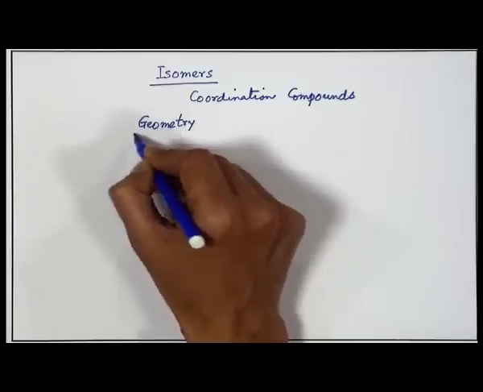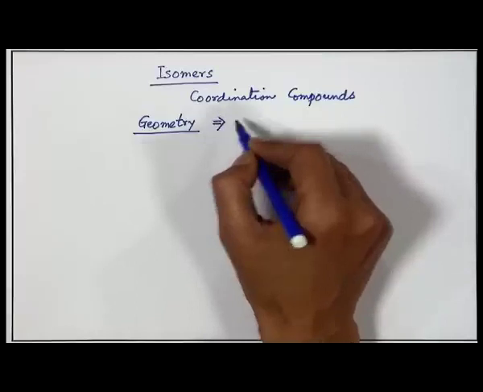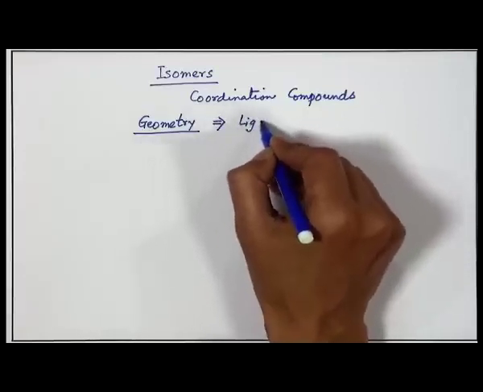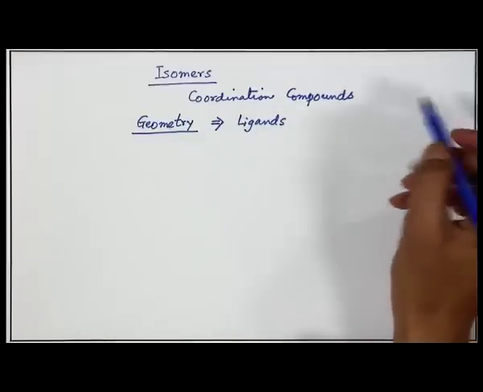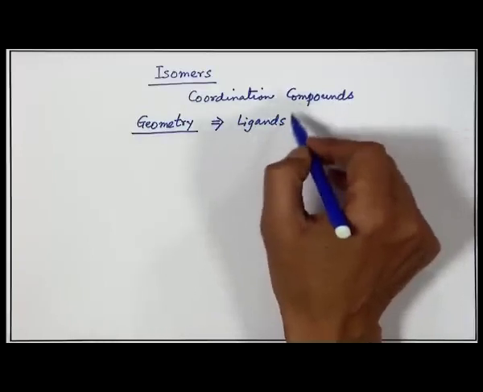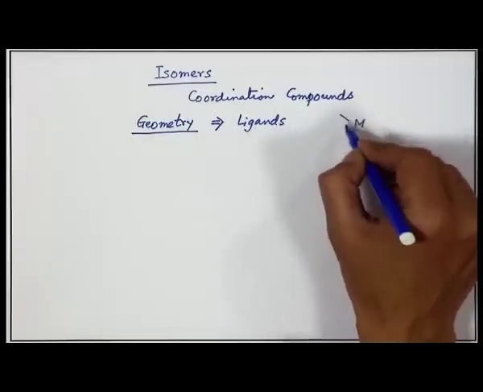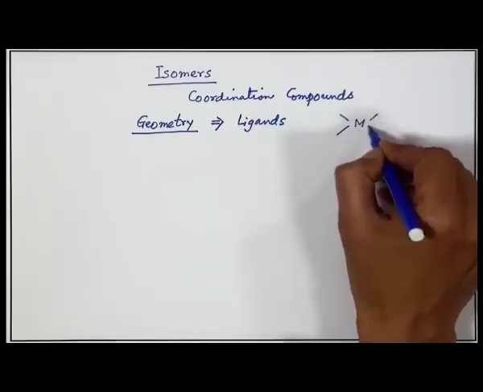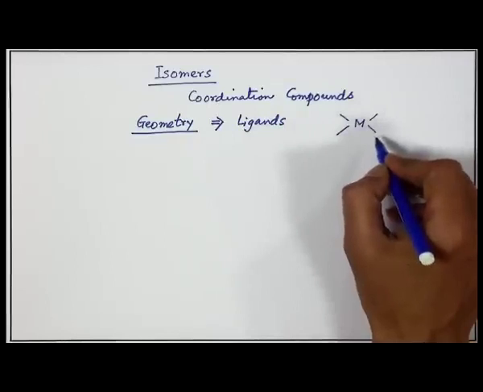So, the geometrical positioning of those ligands, so geometry will be related to the positioning of the different ligands. And since we are talking about the ultimate geometry of the coordination compounds, where we all know that we have a central metal ion which is bound to a number of ligand groups depending upon its coordination number.